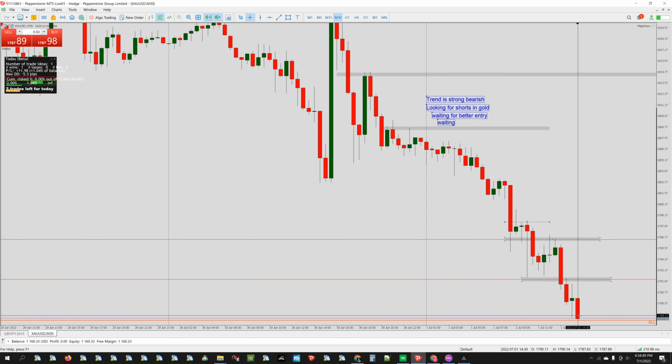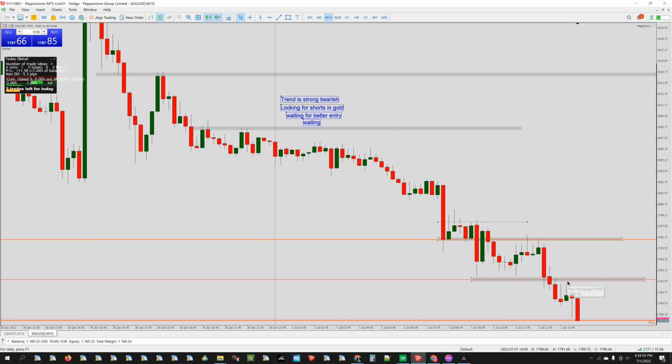We are testing below the lows, but we have basically broken below the low of the previous 30-minute candle in the first 4-5 minutes of this 15-minute candle. But we are basically waiting at this point.